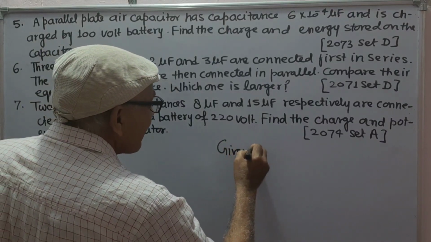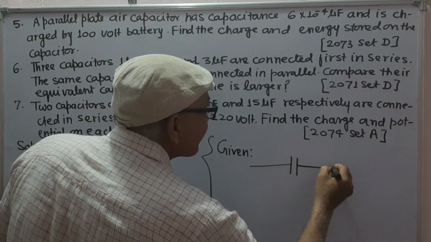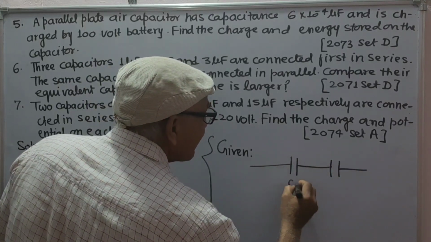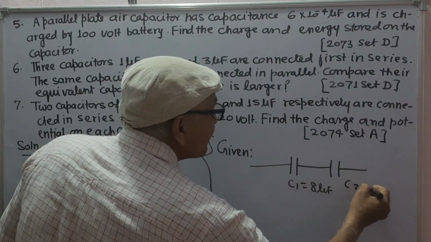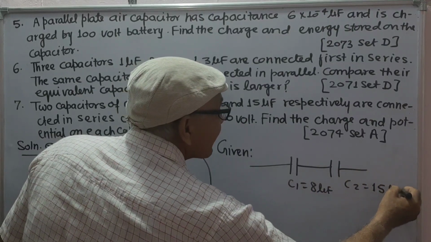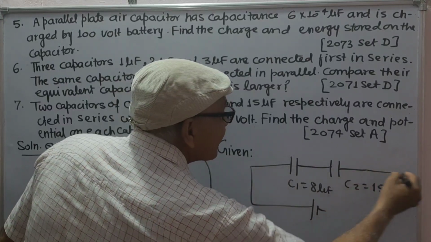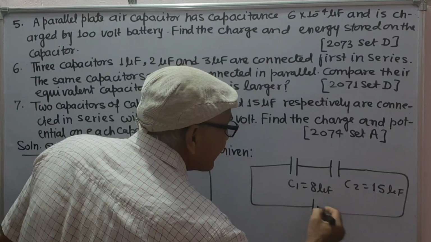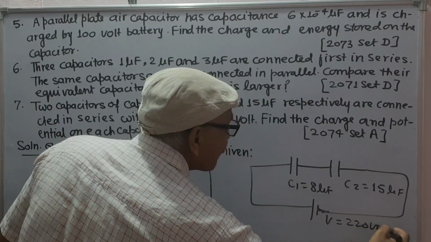Given, these are 2 capacitors C1 and C2. C1 is 8 microfarad, C2 is 15 microfarad. Both are connected in series and then connected with the battery of voltage V is equal to 220 volt.